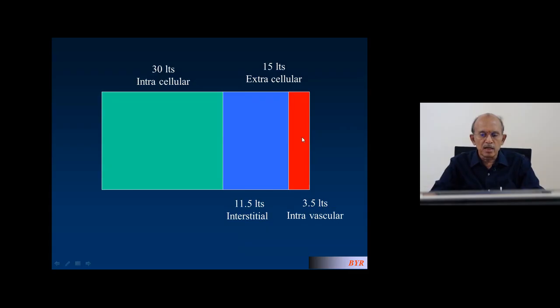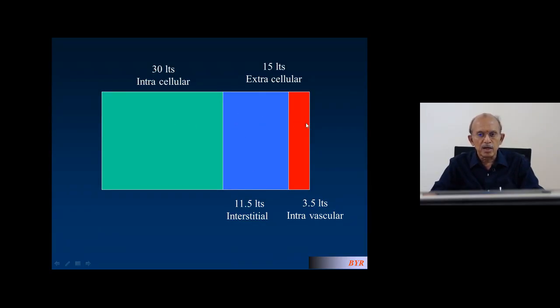This is the blood compartment in the blood vessels. In the vessels, it is about 3.5 liters of fluid, plus 1.5 liters which is of course the RBC, so the total becomes 5 liters. So 3.5 liters is the fluid component of the plasma. Then about 11.5 or 12 liters is the interstitial space fluid.